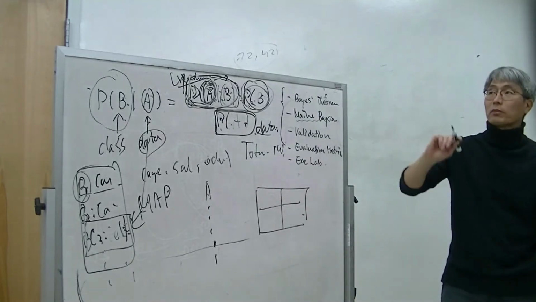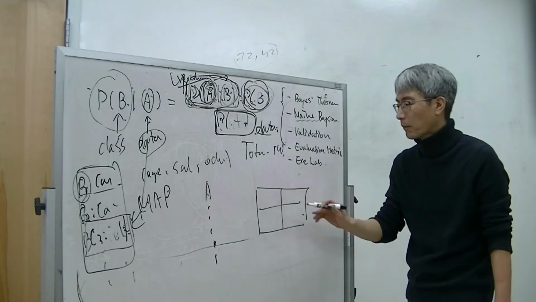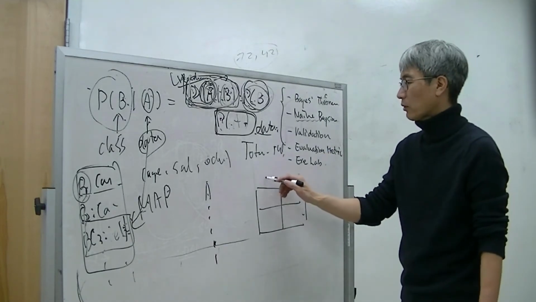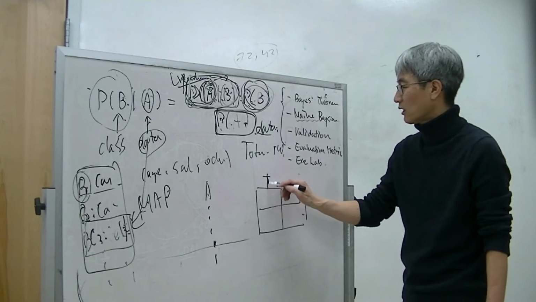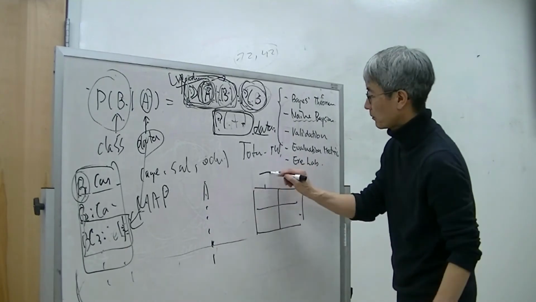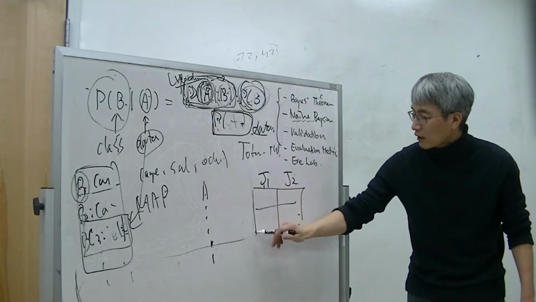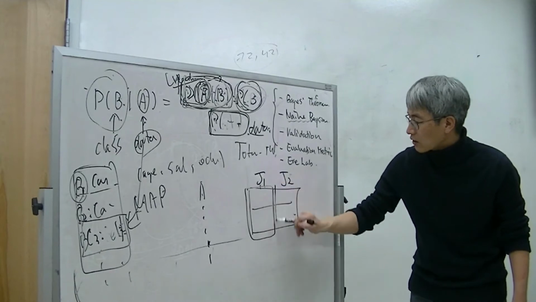I'm going to explain one more time, but this may not be important, but I think that you guys can understand. There are two boxes, jars, because we are going to use jars. Each jar, this is one jar, this is another jar.